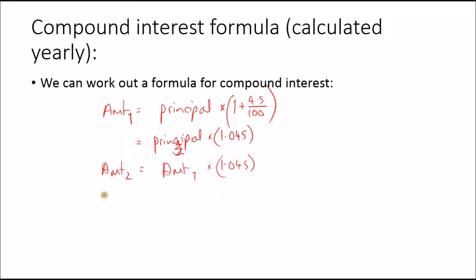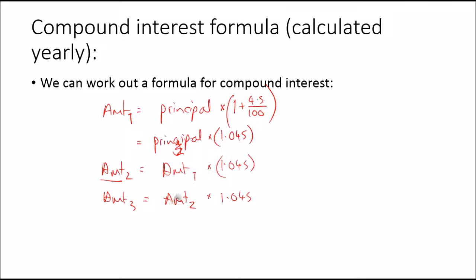And then when I get to amount 3 at the end of the third year, it's going to be amount 2 times 1.045, which I probably don't need to leave in brackets. Anyway, here's the important bit. When we're looking at amount 3, it's amount 2 times 1.045. But remember that amount 2 here is actually amount 1 times 1.045.